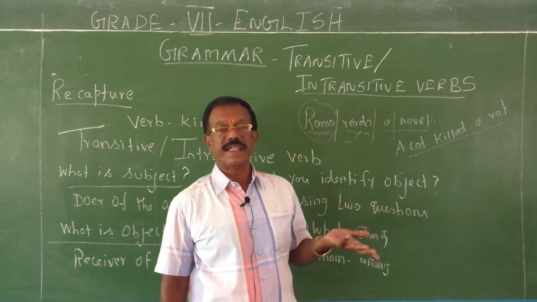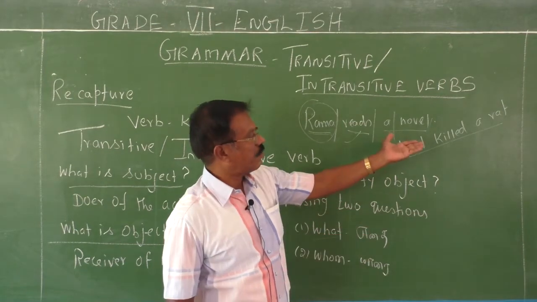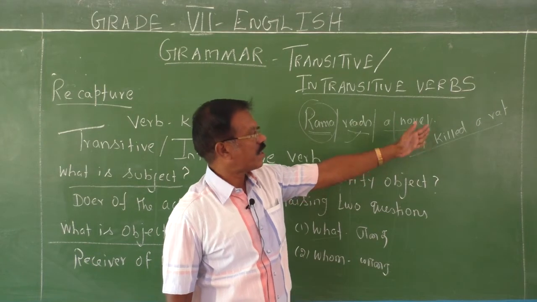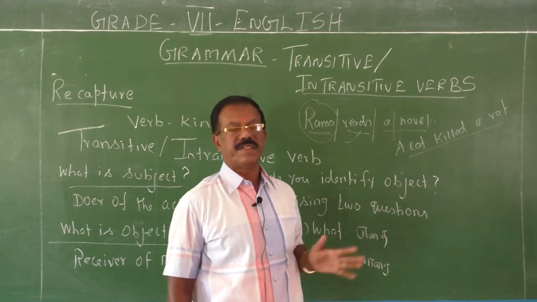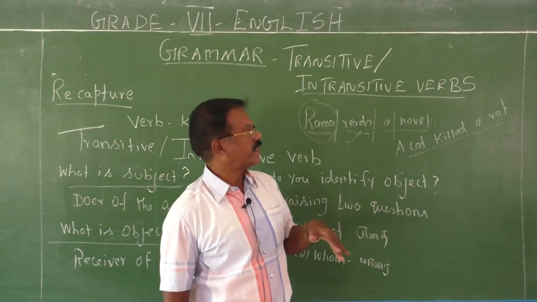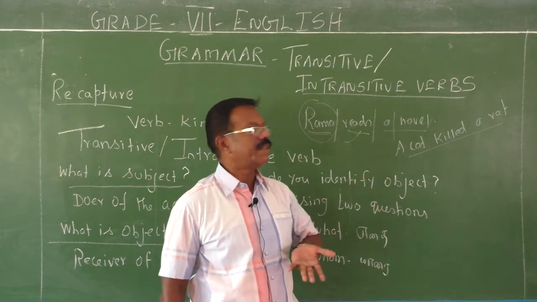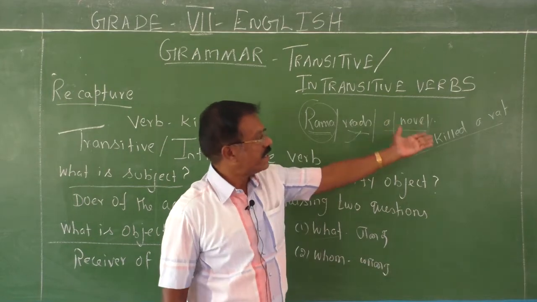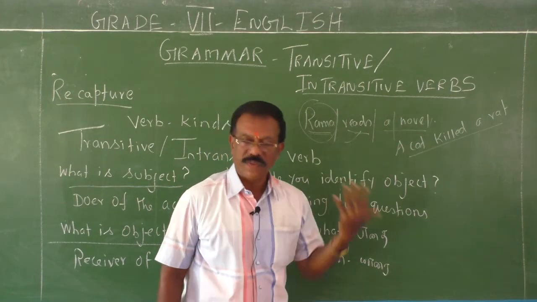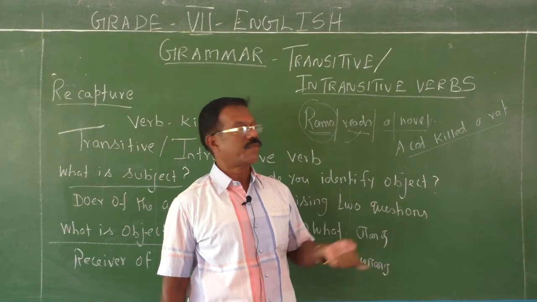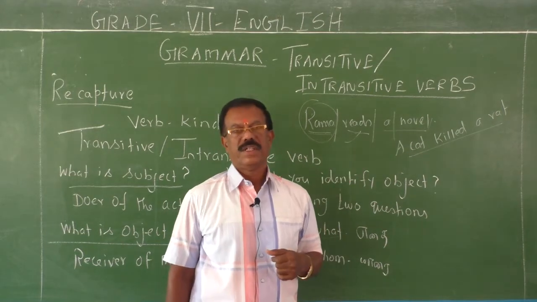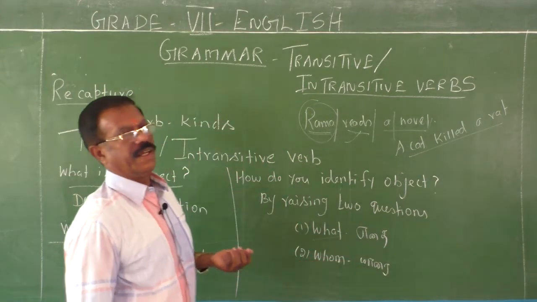How can you say that it is an object? Because it is the one which is affected by the action of the subject, cat. It was affected by the action. What was it affected with? Because it was killed by a cat. So it is the receiver of the action. It is affected by the action of the subject. Therefore it is called an object. So we can identify object in such a way.